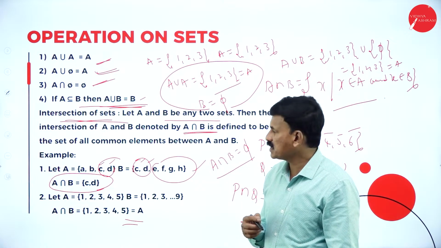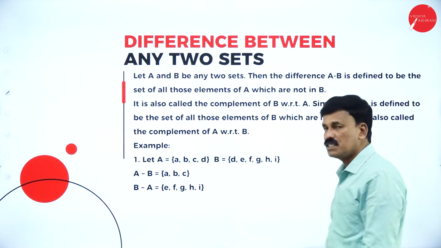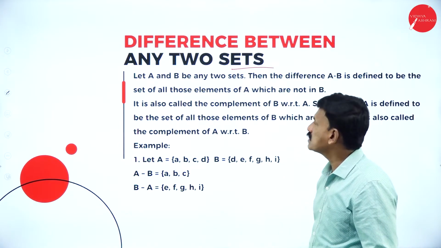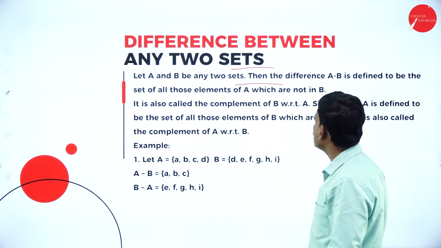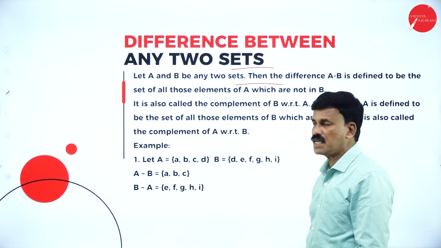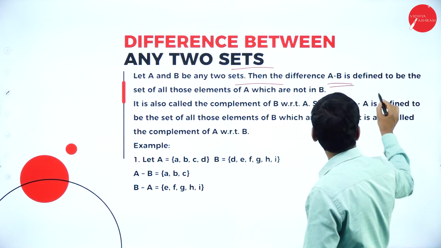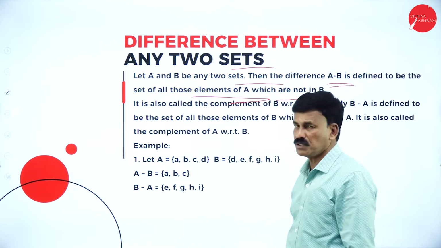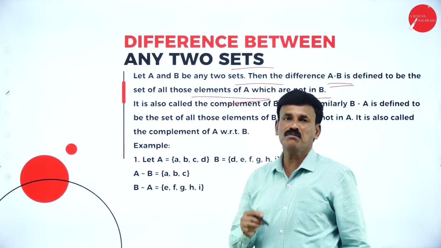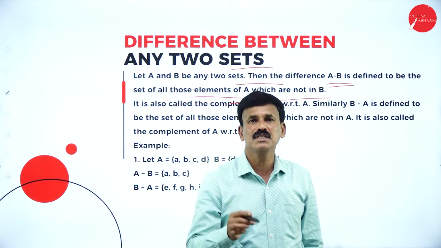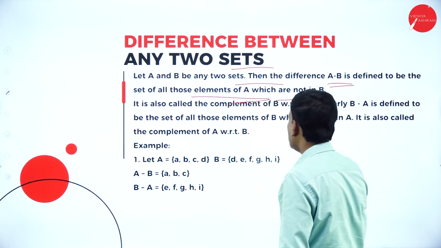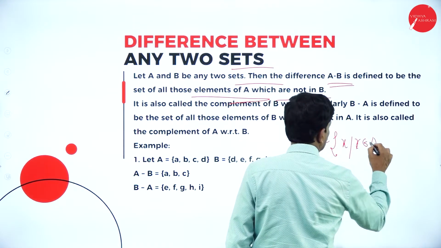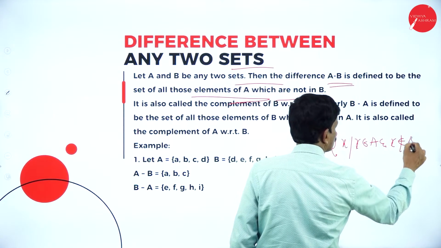Now let us come to the next concept, that is difference of any two sets. Difference of two sets is nothing but A minus B and B minus A. So let A and B be any two non-empty sets, then the difference of two sets A and B, denoted as A minus B, is defined to be the set of all those elements of A which are not in B. That means A minus B means all the elements which are in A but not in B, that is A minus B, that is nothing but X such that X belongs to A and X does not belong to B. That's all.